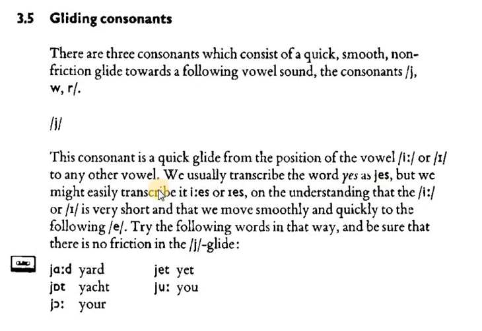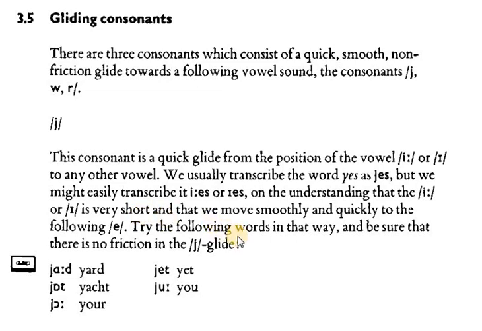But we might easily transcribe it as E or E. We will depend on this transcription, which is yes, on the understanding that the E is very short, and we move smoothly and quickly to the following vowel. So I have a quick, non-friction glide from the vowel E, or short E, towards the other vowel, which is the e in the word yes.